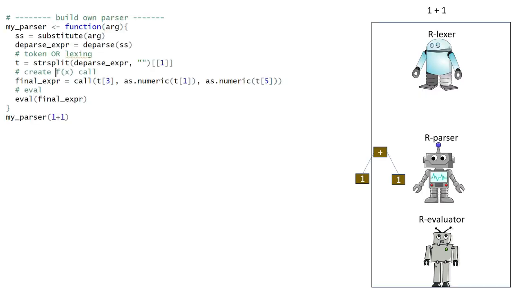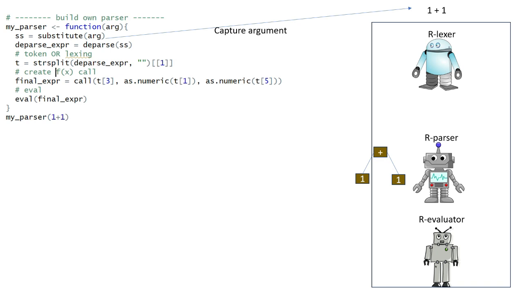Let's see this code here. What I am doing here is building my own parser. Okay. So first it captures the raw text argument from the user, and then I deparse it.